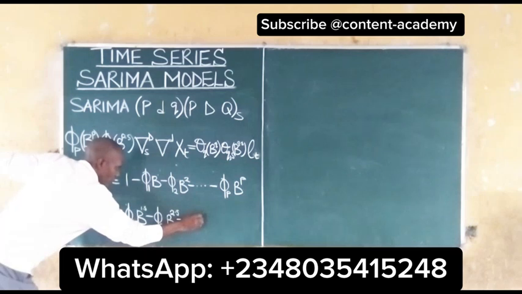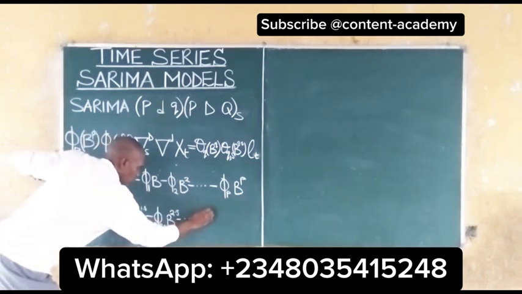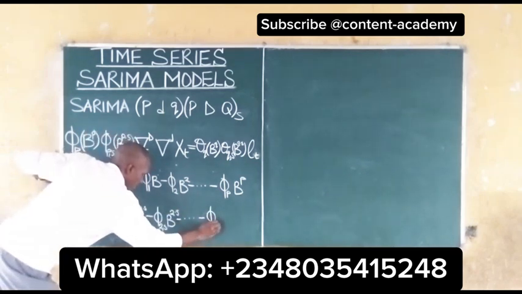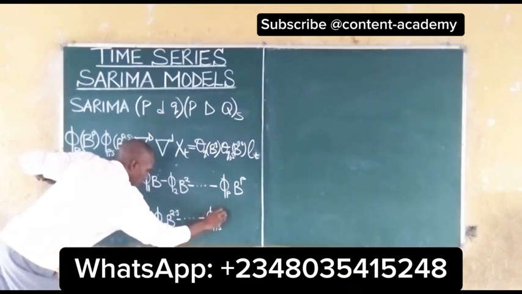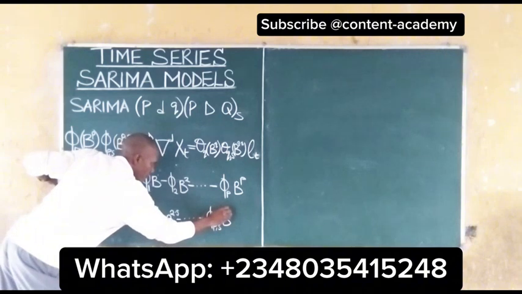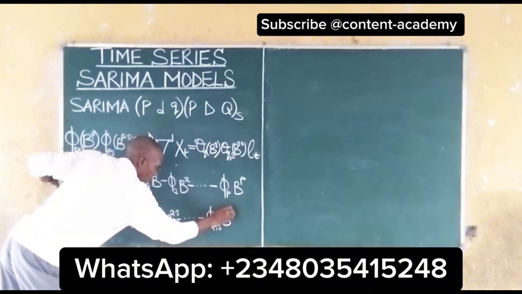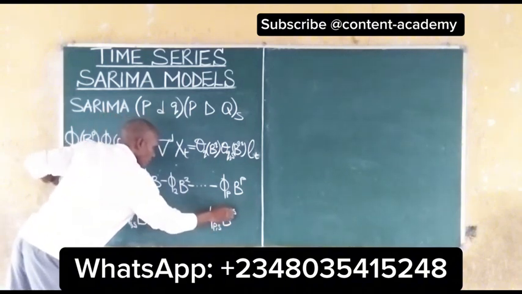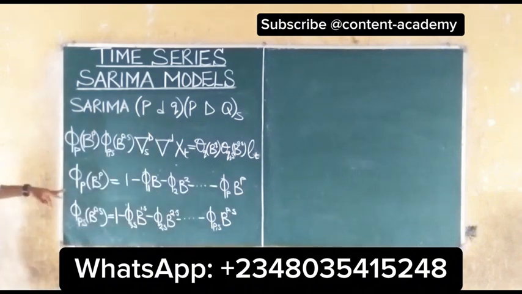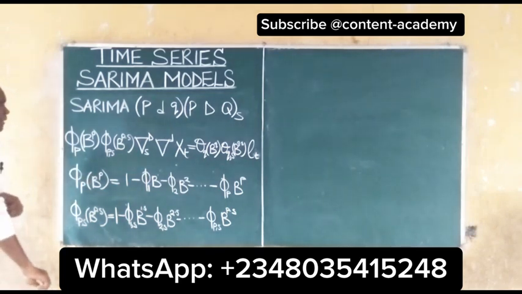It goes that way to give us phi P,S of B to the power P multiplied by S. So this is how the seasonal part can be computed.